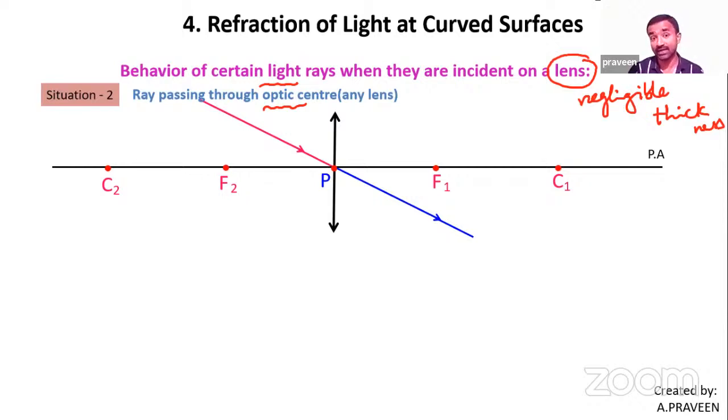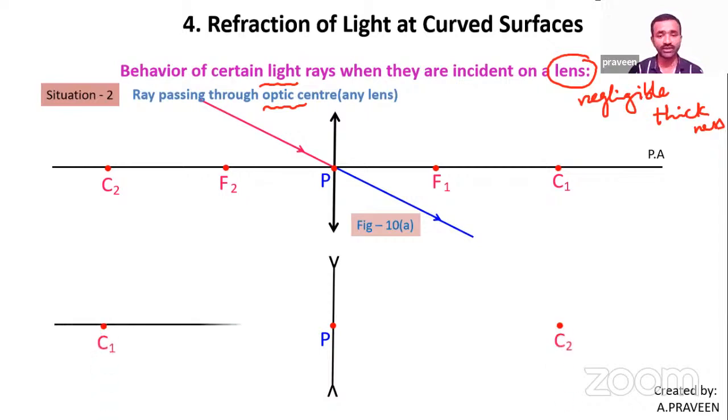When a light ray is incident on a double concave lens passing through the optic center, what happens? They are explained in figures 10A and 10B. Look at the double concave lens also: identifying the pole, then naming it as P, the optic center. Next, identify their centers of curvature C1 and C2.